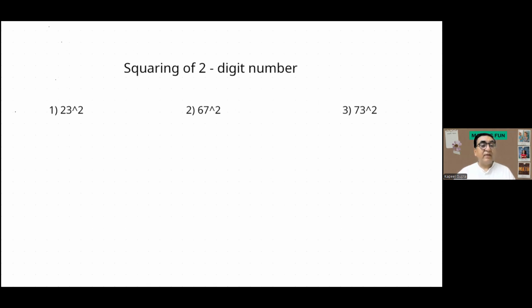Let me write it here: duplex, and let us designate it by a capital D. We can find the duplex of a single-digit number, two-digit number, three-digit number, and so on, and gradually I'll be teaching you. But today, because we are only doing two-digit numbers, I'll teach you how to find the duplex of a single-digit and a two-digit number, right?